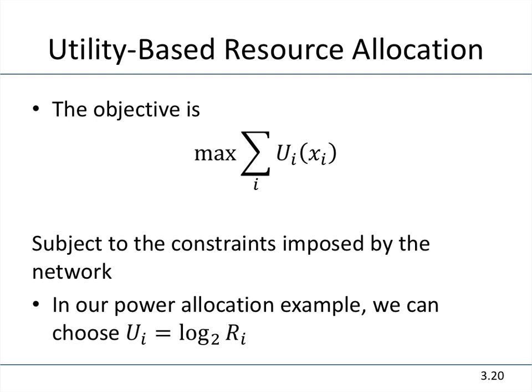Why? Because on one hand, this log Ri will achieve the proportional fairness, and I will try to motivate why this is happening. And on the other side, log x usually does not change the convexity of x. So if x is convex, then log x is also convex, which is good news because we don't want anything that transforms the problem into a non-convex optimization, which will deviate from our objective and make it difficult for ourselves.